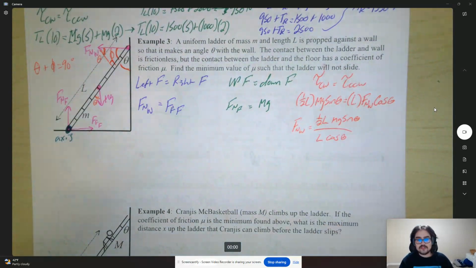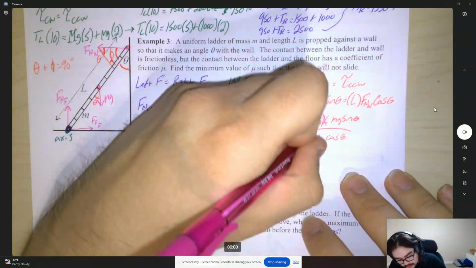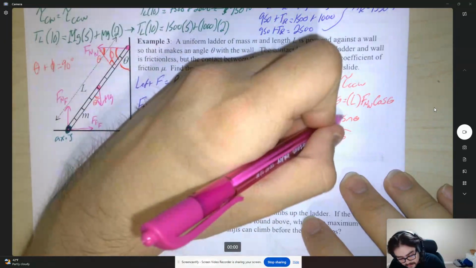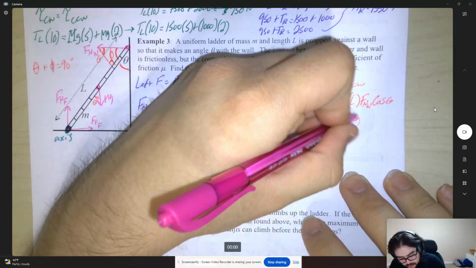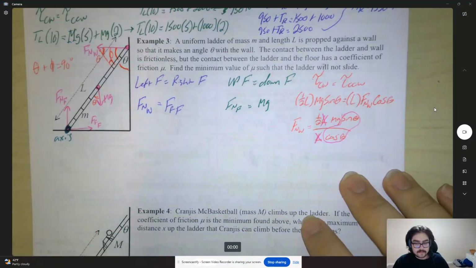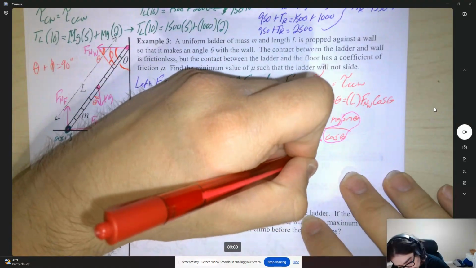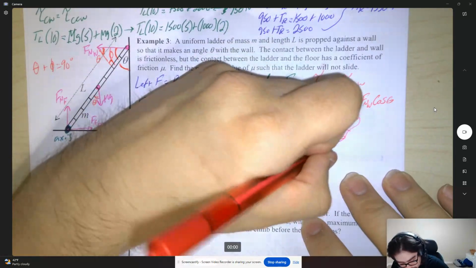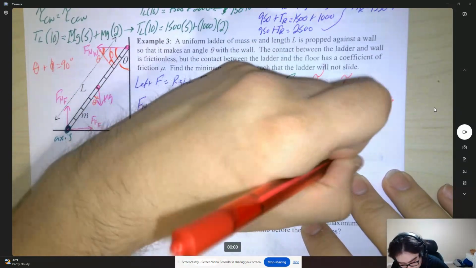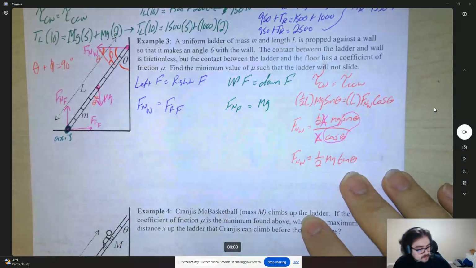And one thing that you should notice is that your L's will cancel out, and then you have sine theta over cosine theta, which turns into tangent theta. So then I would get the normal force of the wall would be equal to just 1/2 mg tangent theta. Okay?